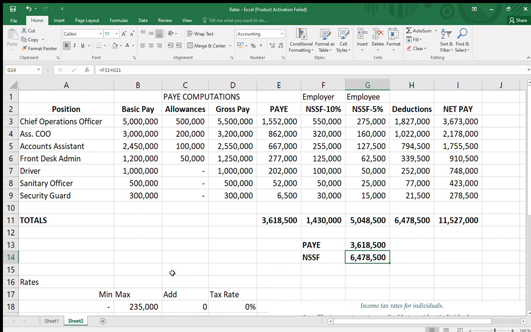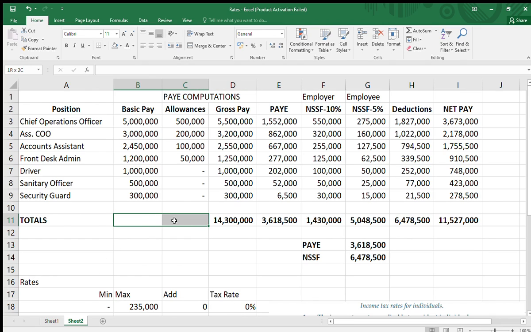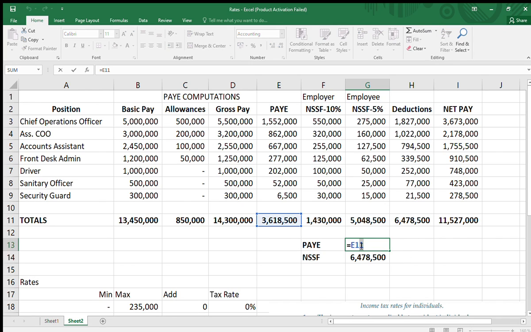It comes. Even if I wanted gross pay here, I can auto sum it. If I wanted also basic and allowances, I can also auto sum them, so that there is a sum for everything. So pay as you earn total, I've just said equals to the total I have got there. But if you wanted it, you can also sum all that is above there to get pay as you earn.